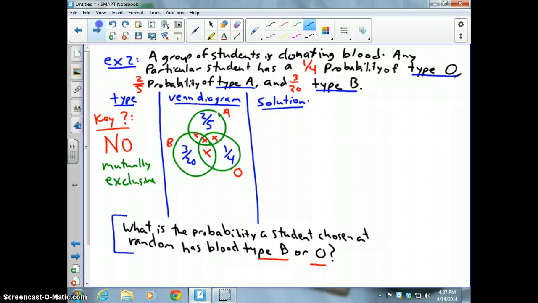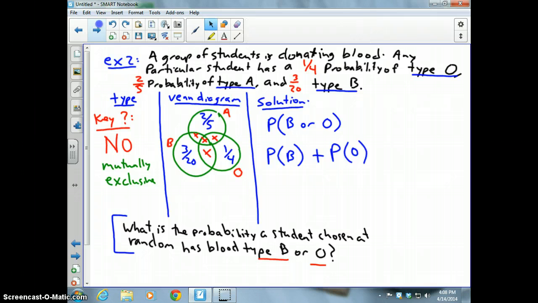So, what is the solution? The probability that I have blood type B or blood type O, since they're mutually exclusive, is the probability of blood type B plus the probability of blood type O. So, probability of blood type B is 3 out of 20 plus the probability of blood type O, which is 1/4.